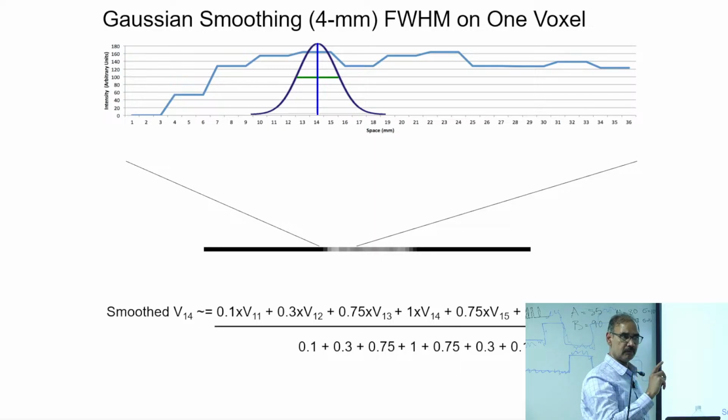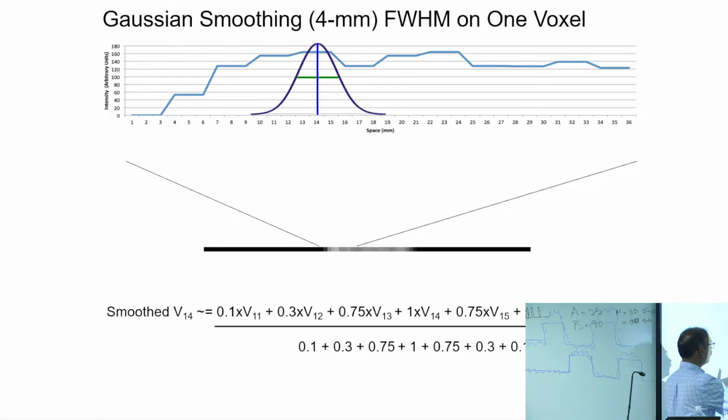Is that clear? No. So in here, what we do is initially we start from the beginning, and that value would be given as this one. 0.1 is the first value, second value is 0.3, third value is 0.75, fourth is 1, fifth is 0.75, 0.3, and 0.1.